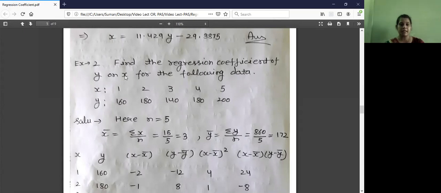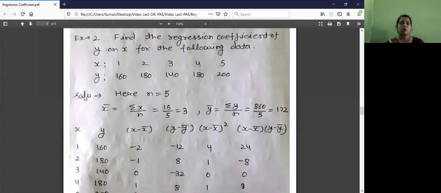First is y on x and second is x on y. So here x is equal to 1, 2, 3, 4, 5 and y is equal to 160, 180, 140, again 180 and 200. So let's start the solution.